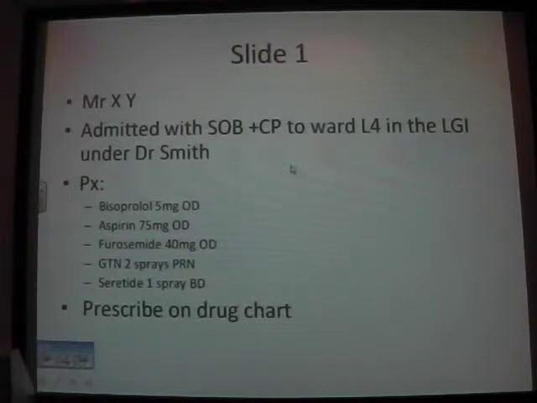Okay, so if you don't have a drug chart, try writing it down anyway.